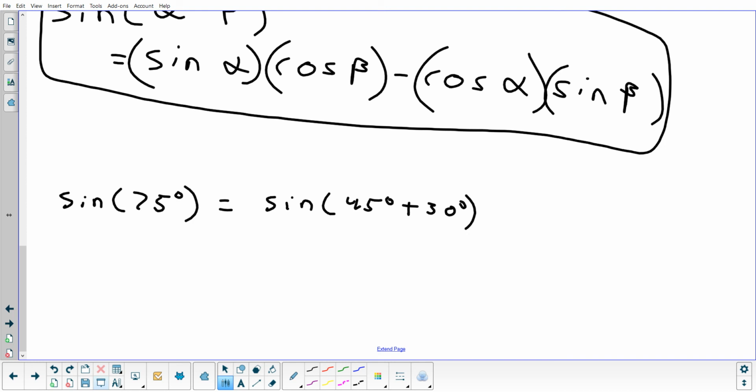You're going to get all the same answers you've gotten before: root 3 over 2s, root 2 over 2s, 1/2s. It's just they're going to be in different spots because the formula is rearranged a little bit. Any question on how you would go about finishing something like that off? Same way you do cosine of 75 and cosine of 15.